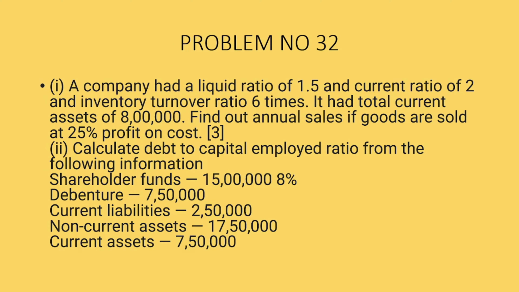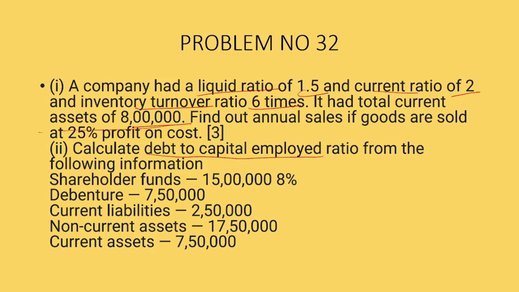Next, we move on to problem number 32. A company, please note, has a liquid ratio of 1.5, current ratio of 2, inventory turnover ratio, that is ITR, of 6 times, total current assets of rupees 8 lakhs, and annual sales if the goods are sold at 25% profit on cost.